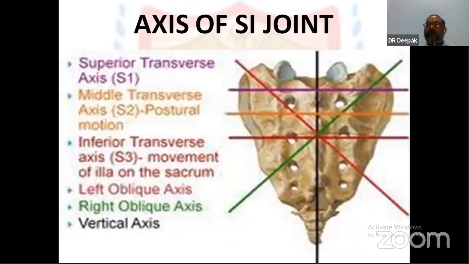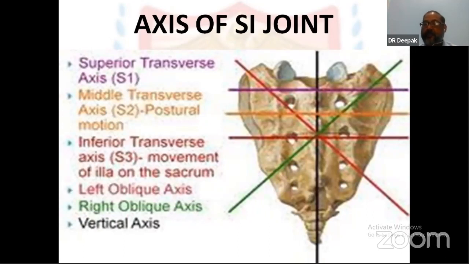Then come to the axis of the SI joint. How does the SI joint work, or how is the SI joint moving? Is the SI joint a very simple joint or a very complex joint? When you understand it, it is a very simple joint. Why is it complex? We can say it has multiple axes. First is the superior transverse axis.